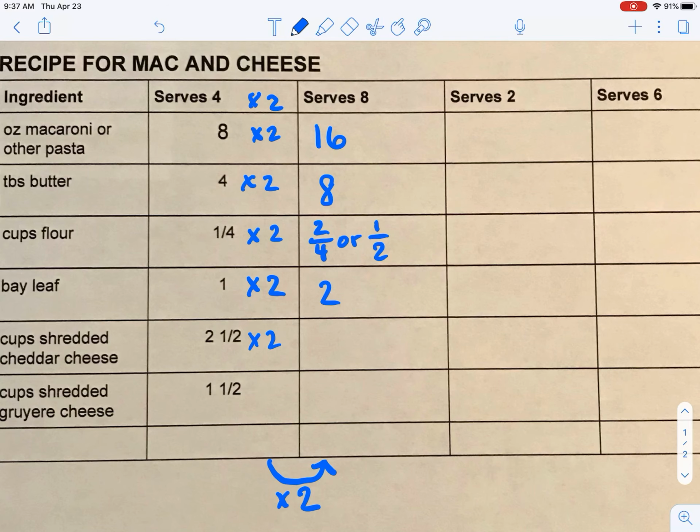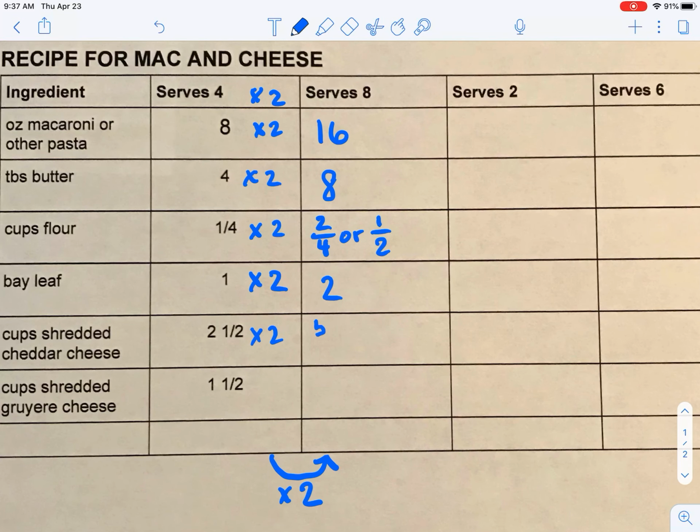And let's see what would happen here. So in order to multiply the mixed number, I have to change it to an improper fraction. And so that would be 2 times 4 is 8, plus 1 is 9... so we would have 5/2 times 2 over 1, which would actually equal 10 over 2, which equals 5.